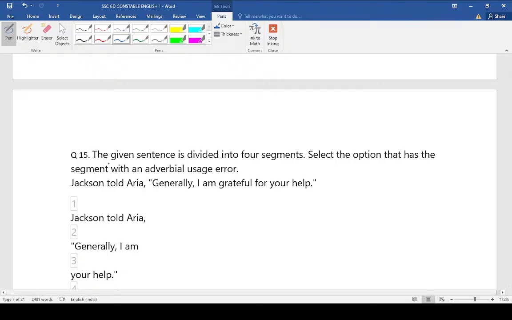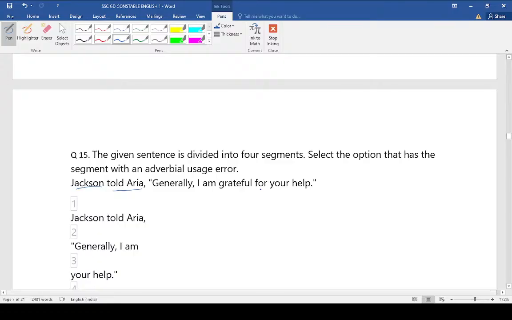The given sentence is divided into 4 segments. Select the option that has the segment with an adverbial usage error. Jackson told Arya, generally I am grateful for your help. So it is correct; the first person is speaking to the second person. But here we have to check adverbial errors.